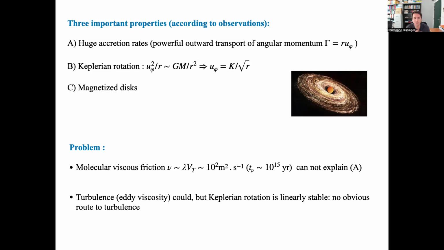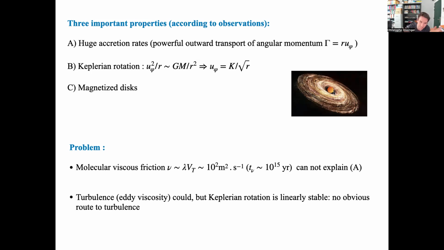We know, for instance, that we can't invoke molecular viscosity to explain the accretion, because the typical time scale with viscosity is way longer than the age of the universe. So for a long time now, people have been invoking turbulence, because if the flow is turbulent, it will enhance the viscosity, produce some eddy viscosity, and it could explain the accretion rates.